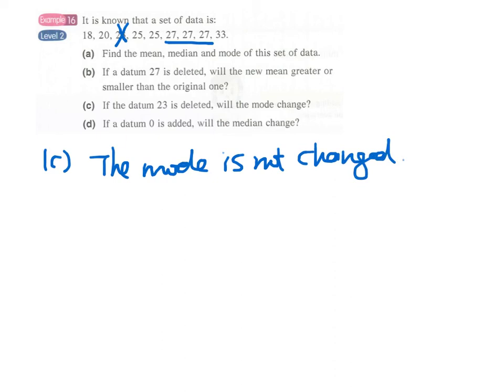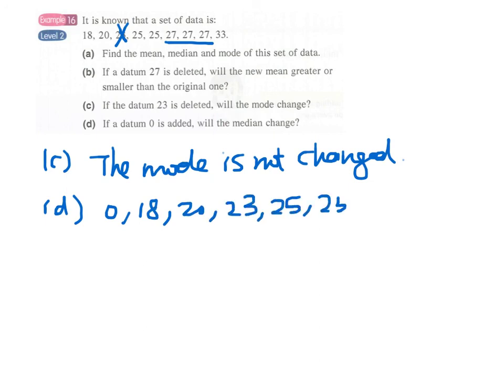And for part D, if a data 0 is added, will the median change? So we add 0 to the set of data. And we assume, that's right, this is 25. We assume part A, part B, part C, part D, they are all independent cases, independent paths.